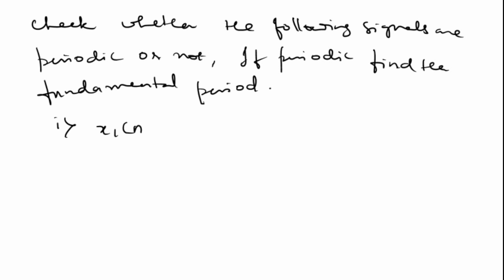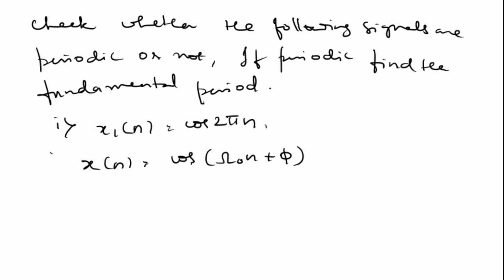x1 of n is equal to cos 2 pi n. So comparing this equation with x of n is equal to cos ohm naught n plus pi, we will get ohm naught as 2 pi, which is equal to 1 divided by 2 into 2 pi.